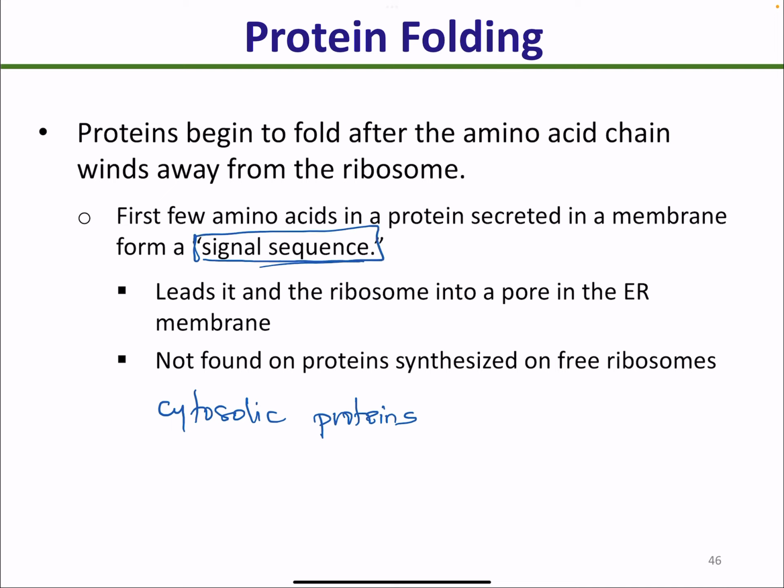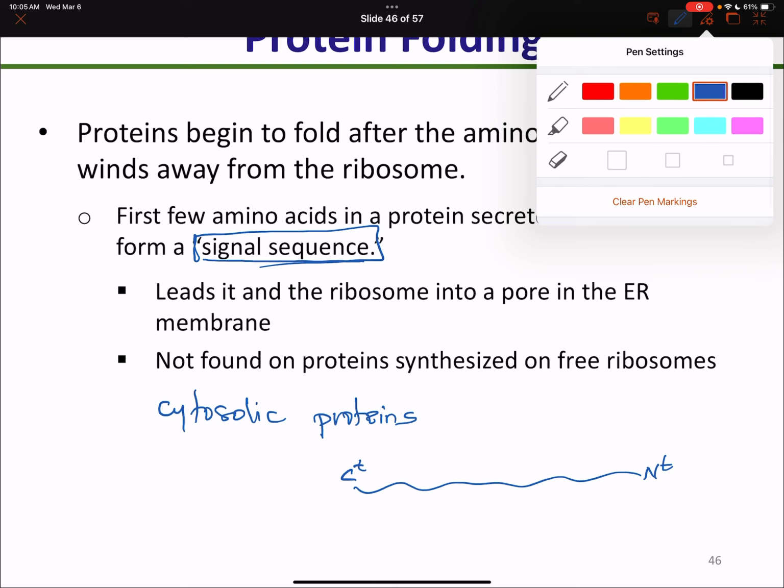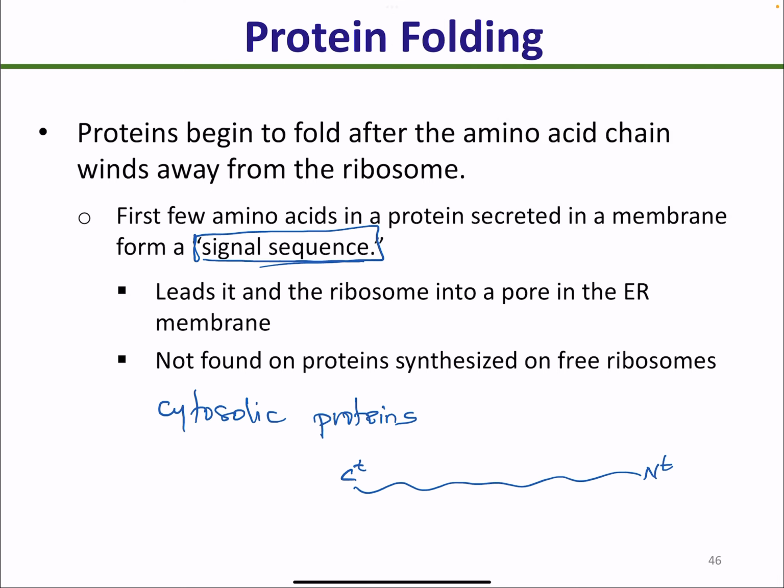That signal sequence is at the beginning of the polypeptide. Okay? Say we have this as a polypeptide, right? That's the C terminal, that's the beginning, and this is the N terminal, that's the end. Okay? I'm saying some complex things here, but don't worry about it. So at the beginning right here, you are going to have a sequence of amino acids that we're going to call a signal sequence.